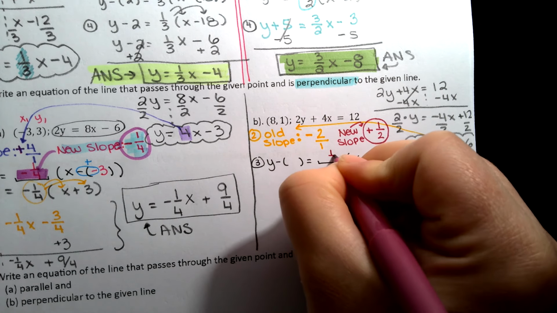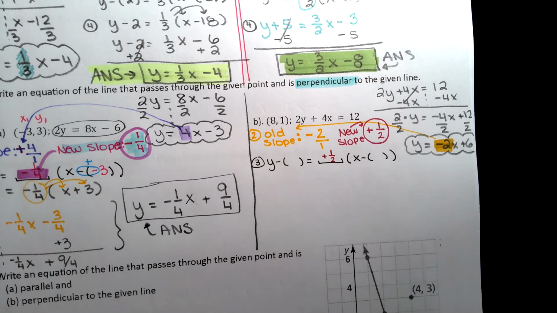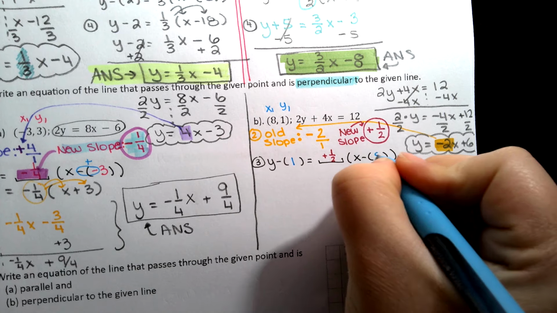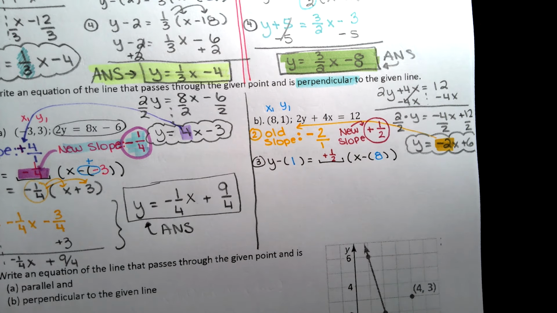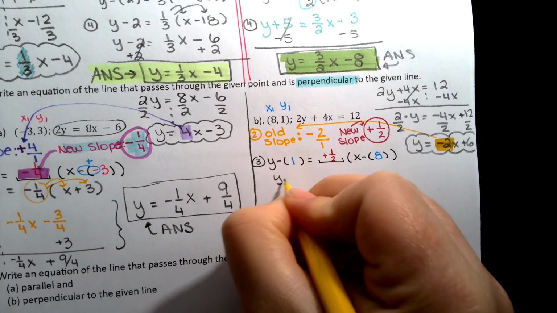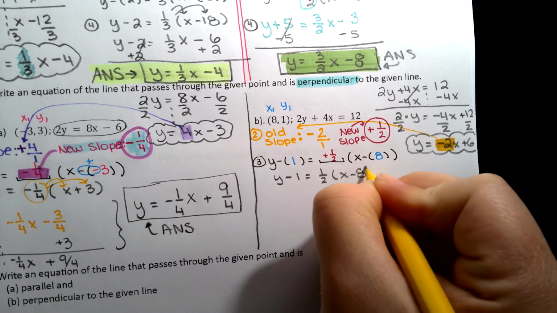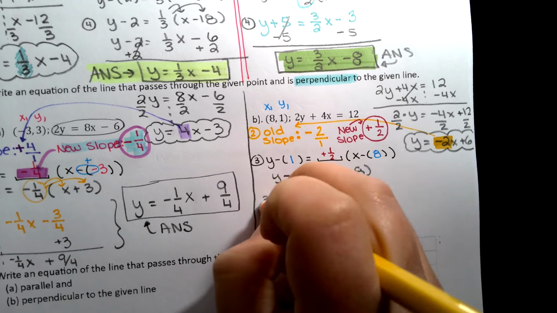So that positive 1/2 goes here. Label your point x1, y1. Notice I do not have any double negatives, so we're going to drop some of the parentheses, 1/2 positive now. Step number 4.